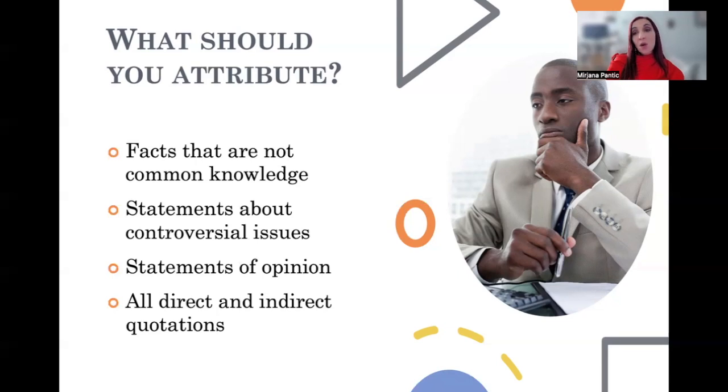Also, make sure to attribute statements about controversial issues and statements of opinions, and I need to emphasize one more thing about opinions. If you are seeking an opinion, and that opinion comes from an anonymous source, I would strongly discourage you from using it in your story, because if you're seeking somebody's opinion, it should be a source that is known to us, not an anonymous source.